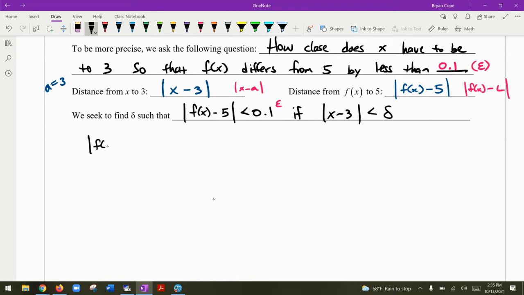We're going to say this fact is what we're trying to show, and we're going to unravel that to get to the beginning of the proof. Okay? So instead of writing it like that, I'm going to write it as the absolute value of 2x minus 1 minus 5 is less than 0.1, because that's what f of x is. And then we'll clean that up. The absolute value of 2x minus 6 is less than 0.1.